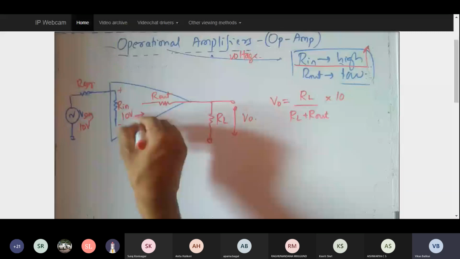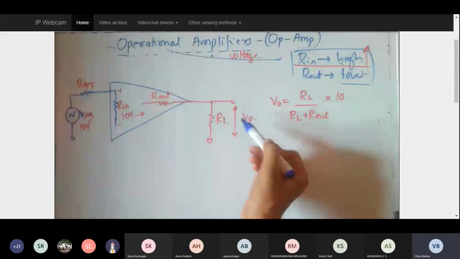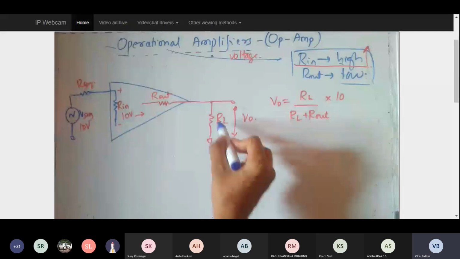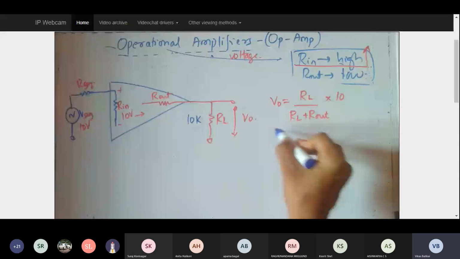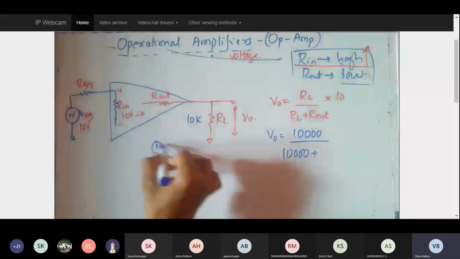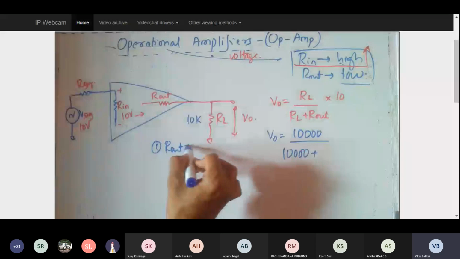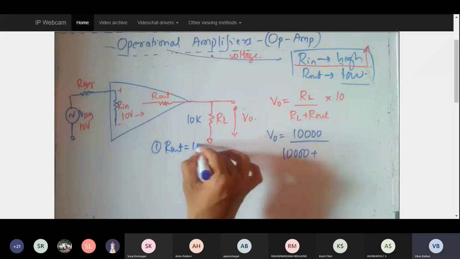So let us try to understand. As we know, the load resistance will always be very, very high, so I won't be changing this load resistance. Let's consider the load resistance to be 10 kilo ohms. So RL is 10,000, it is fixed. What is there with me? The output resistance. Now let us consider it as 1000.